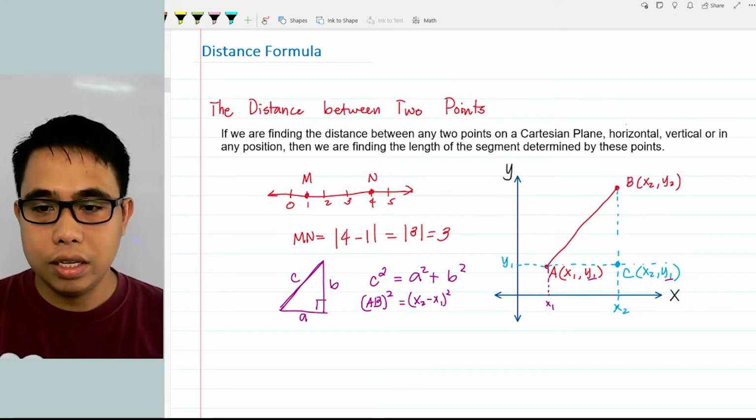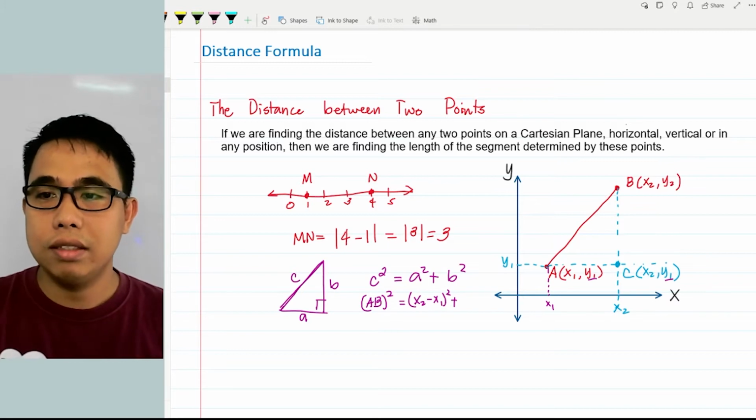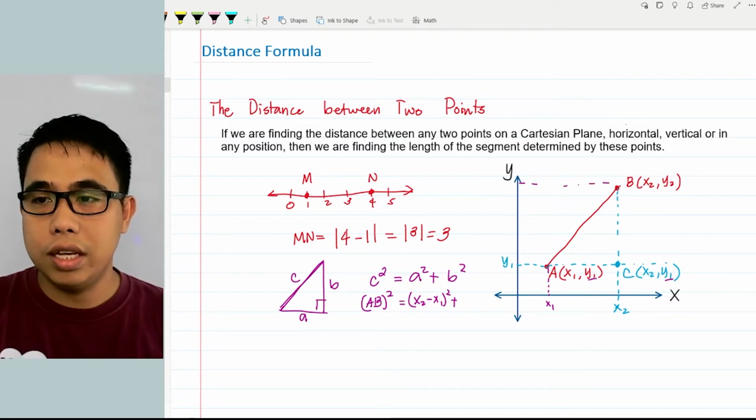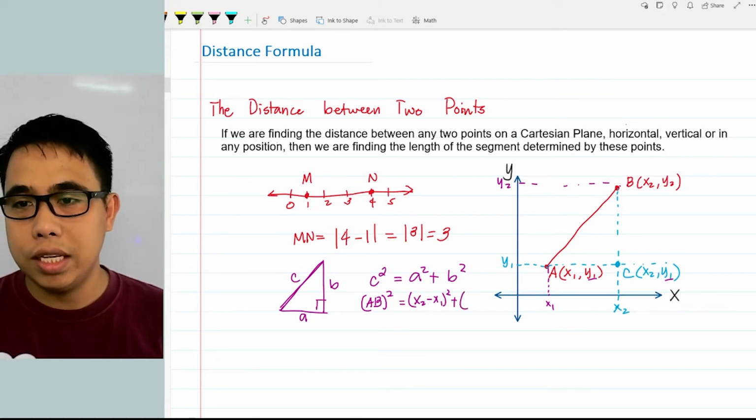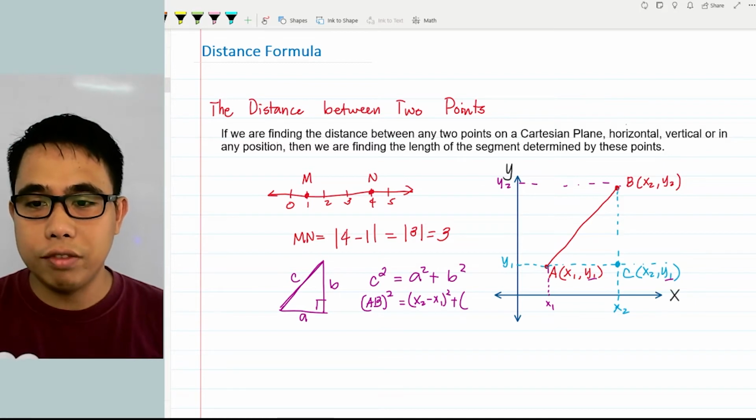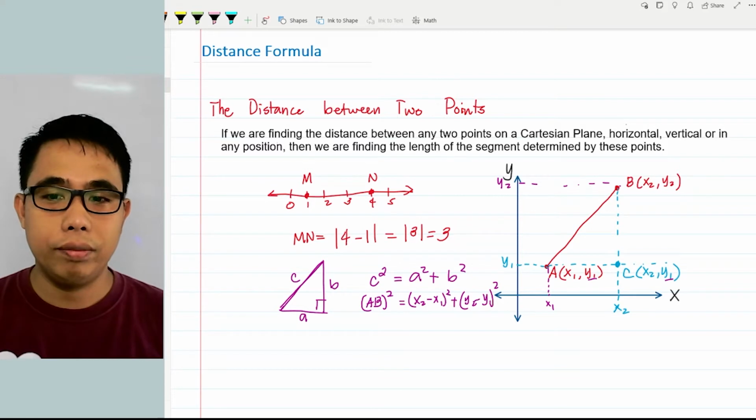The quantity squared. Plus, take note, this is your y sub 2. So to get the distance between point B and point C, that is the same as y sub 2 minus y sub 1 squared.